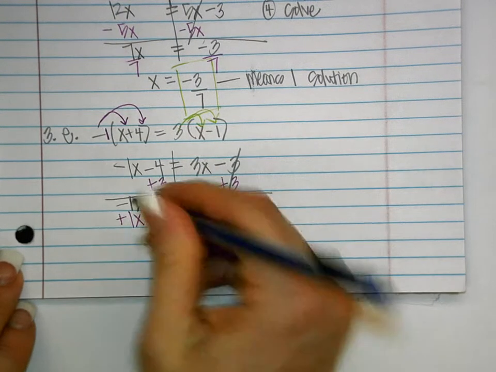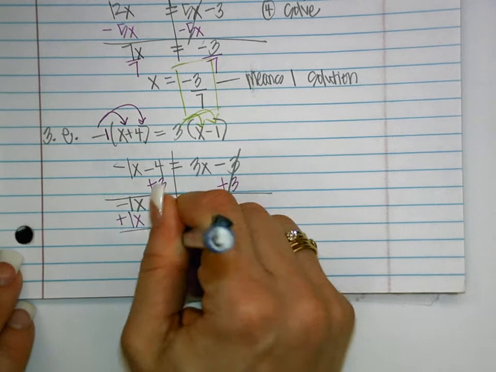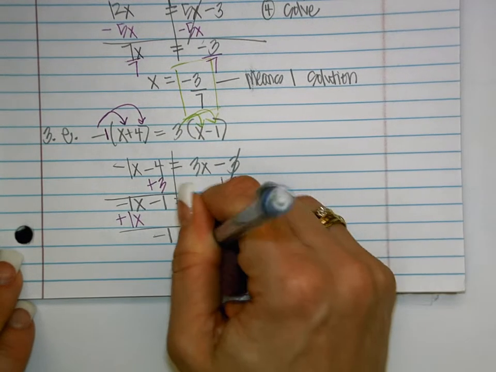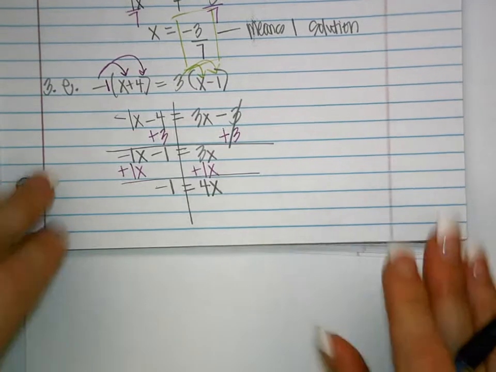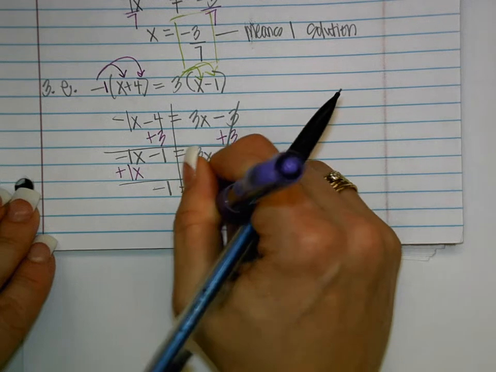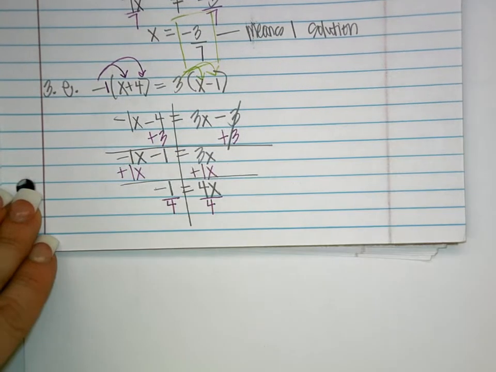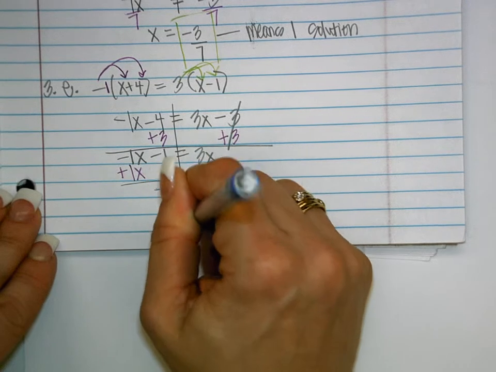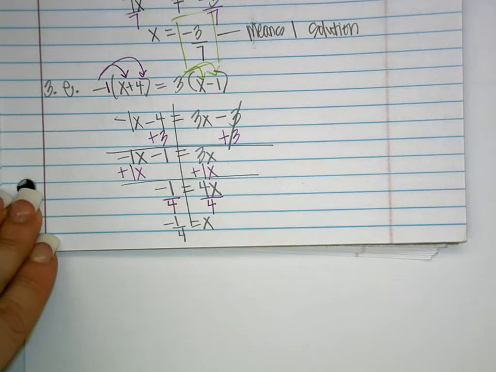Okay, if you add 1x, we get negative 1 equals, what's 3x plus 1x? 4x. And then finally, how do I solve for x? Divide both sides by 4. So what do I get for my answer? Negative 1 over 4 equals x. That's your answer.